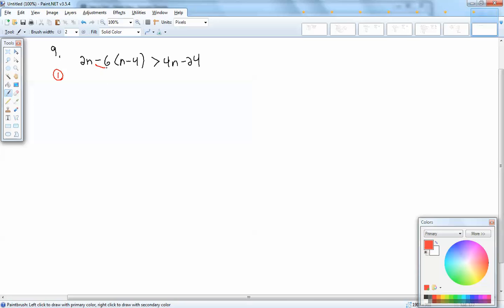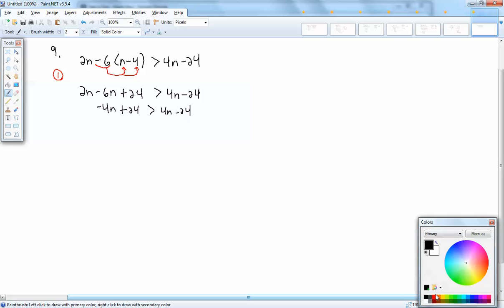So I'm going to take this negative 6 and I'll multiply it times the n and multiply it times the negative 4. Well, negative 6 times n is negative 6n. Negative 6 times negative 4 is positive 24. Everything else carries down. At any step, combine together like terms. 2n minus 6n gives us negative 4n plus 24 is greater than 4n minus 24.